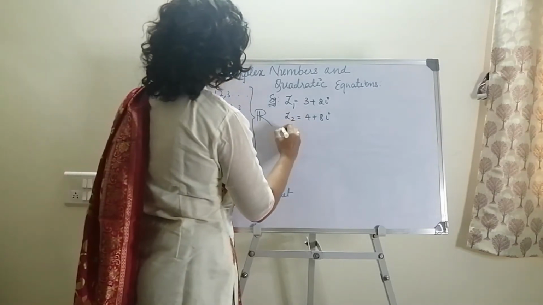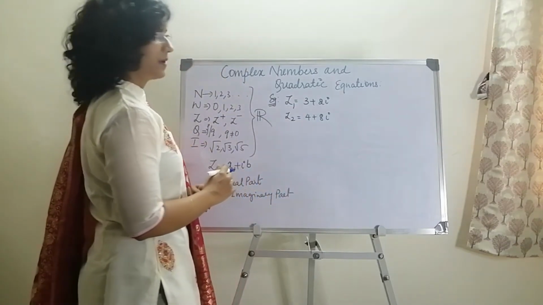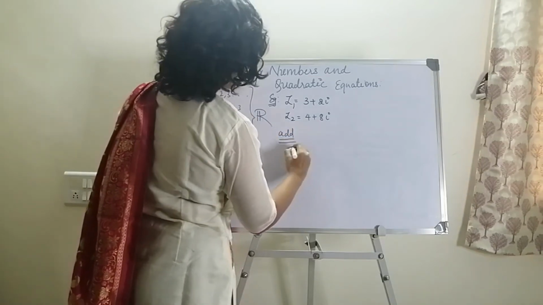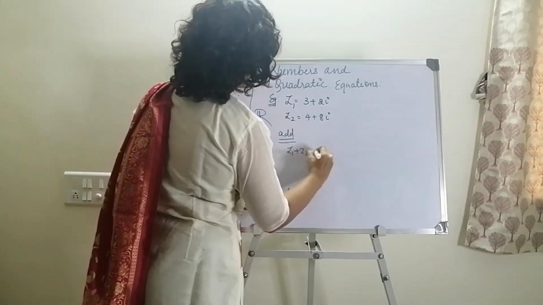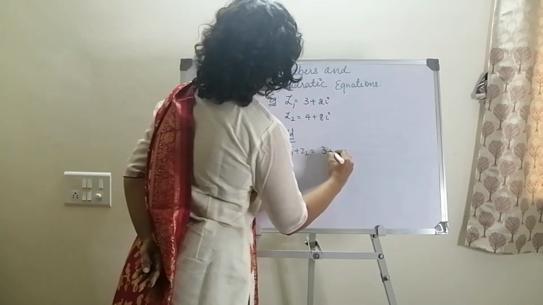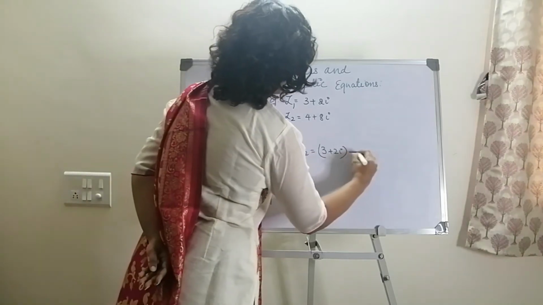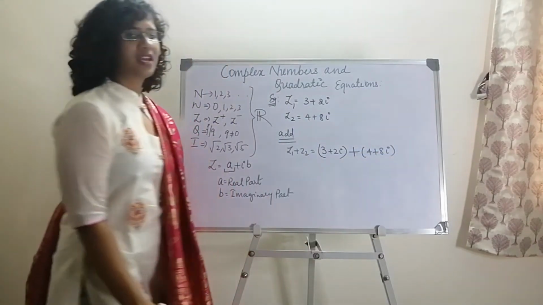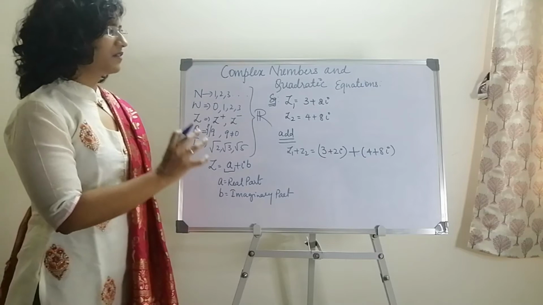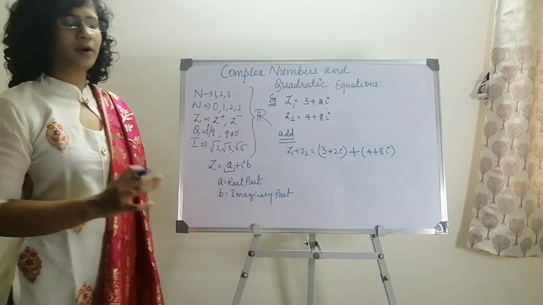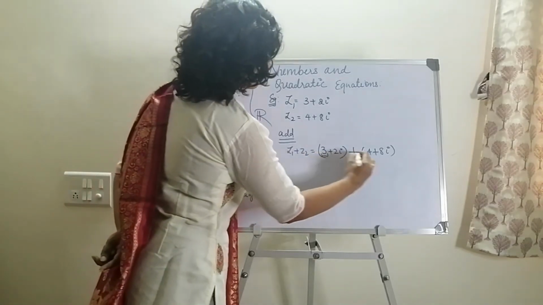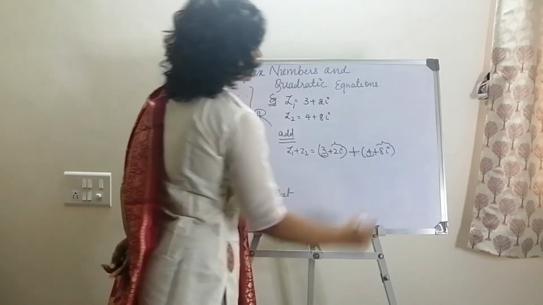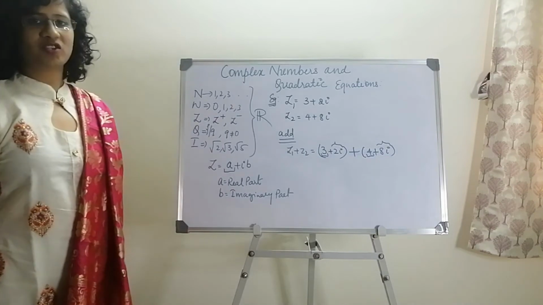I can perform addition on complex numbers. So I can add these two as follows: Z1 plus Z2 is equal to 3 plus 2i plus 4 plus 8i. One very important thing is, whenever you are adding complex numbers, the real part should be added with the real part, and the imaginary part should be added with the imaginary part.